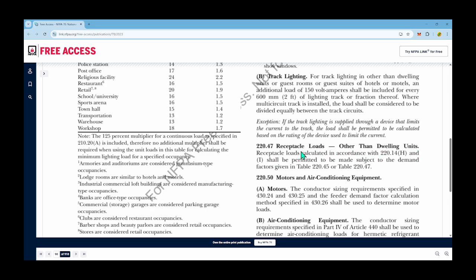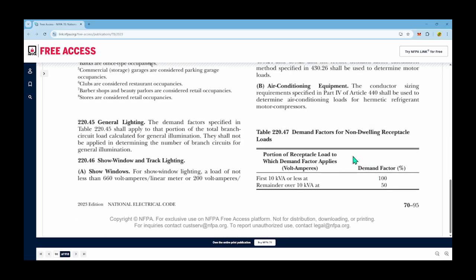So 220.47 says receptacle loads calculated in accordance with 220.14H and I shall be permitted to be made subject to the demand factors given in table 220.45 or 220.47, and it's the 47, which is this table right here, that's where we're going to be at. And this is kind of where I got that question wrong.